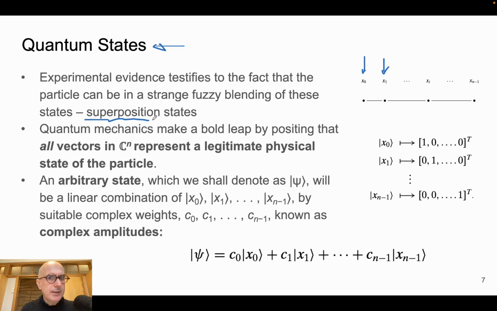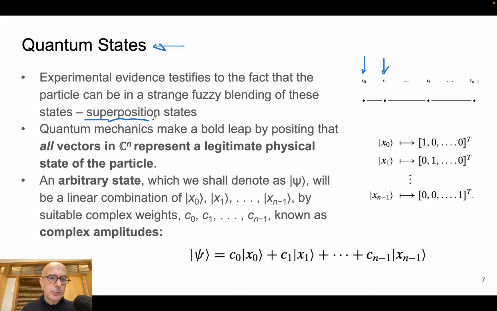So this is experimental evidence, and that's how the quantum system works. This is kind of counterintuitive, because classical physics is what we are used to. We are not a quantum particle, so for us it is something counterintuitive.